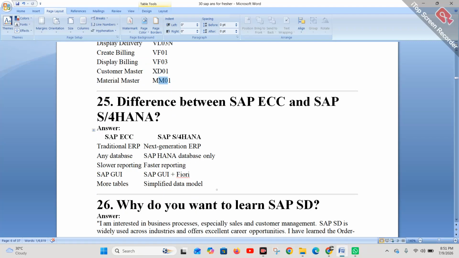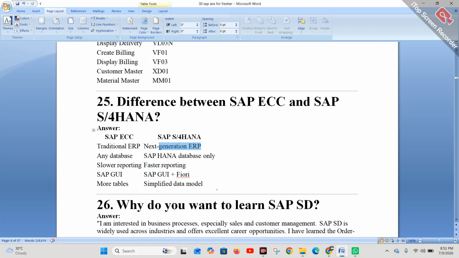So here, what is the difference between ECC and HANA? So the major difference is that ECC was a traditional ERP software, where the SAP S4HANA is the next generation ERP software. ECC works on any database, where HANA works on the HANA database only.